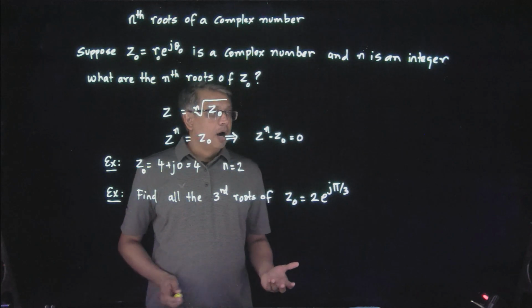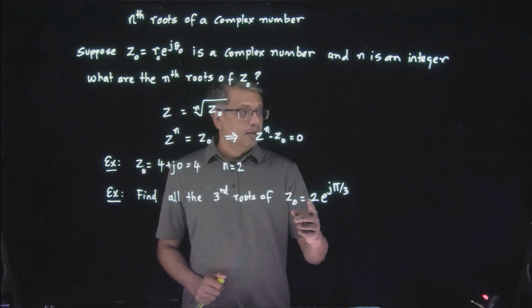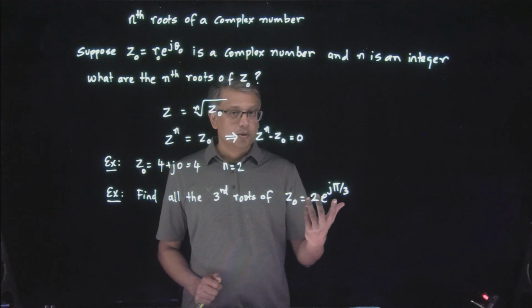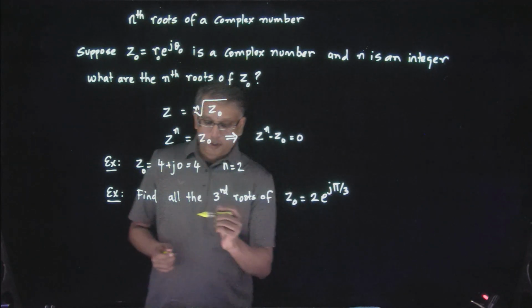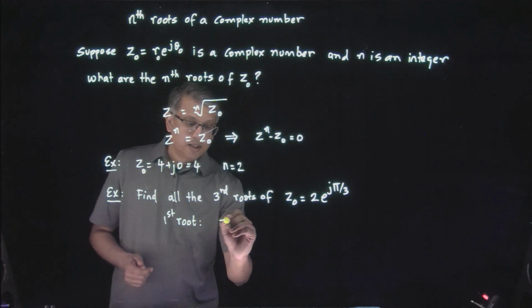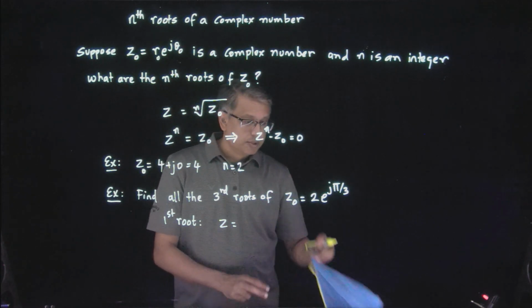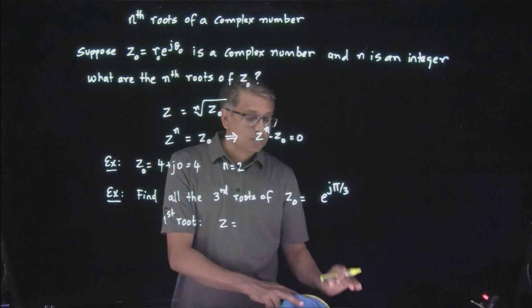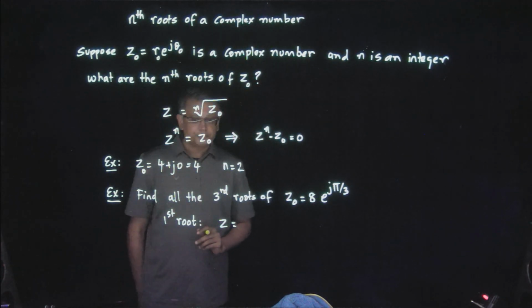One obvious root is to take the magnitude and raise that to power 1/3, and then take the phase and divide that by 3. So for example, the first root is pretty easy to see. To make these numbers easier, instead of 2, let's say that we have 8 times e to the j pi over 3.